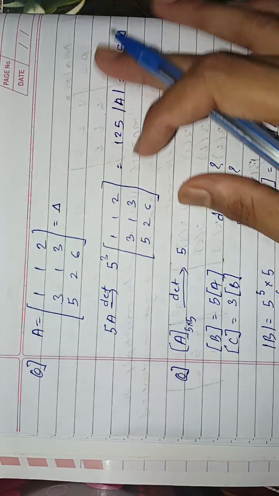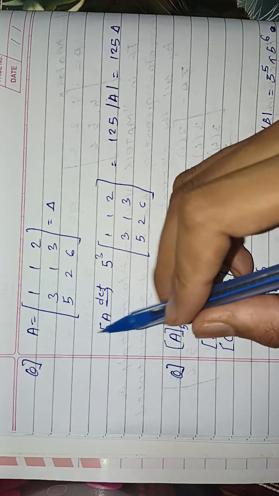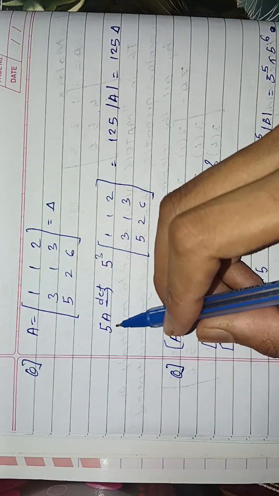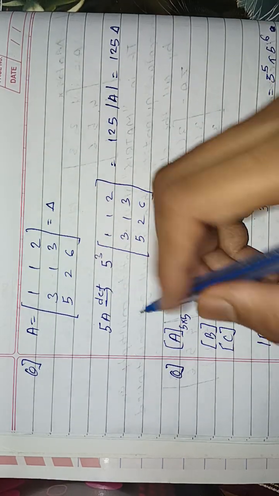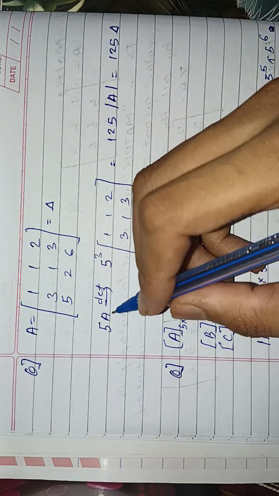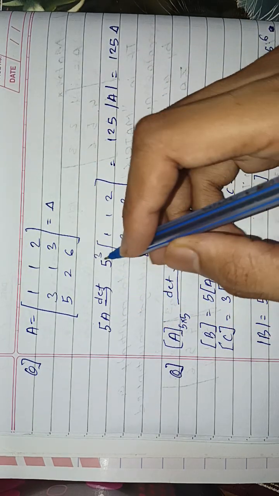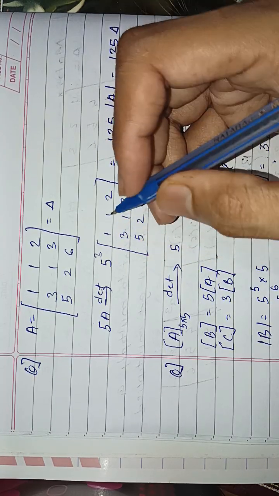So here let's say a numerical, there is a matrix. I want to multiply 5 to the matrix. So I want to calculate here the determinant. Determinant of 5 into A gives 5 cube.